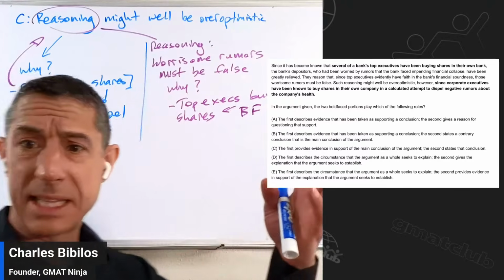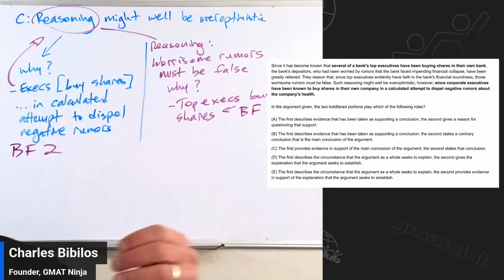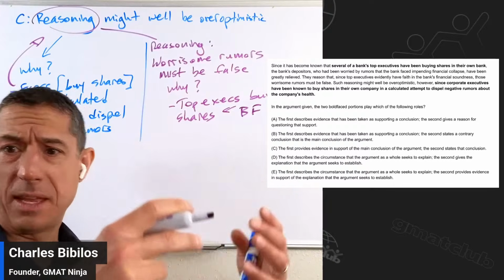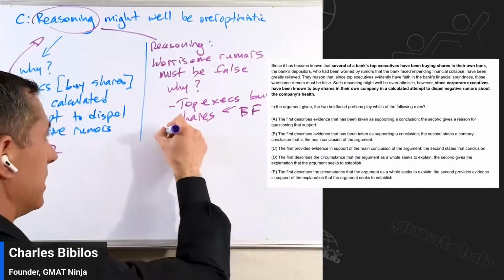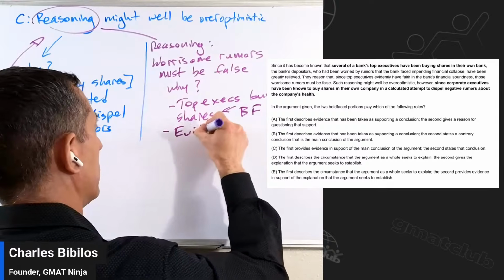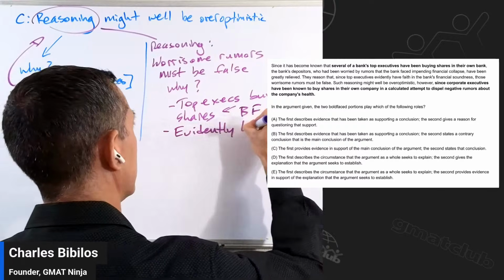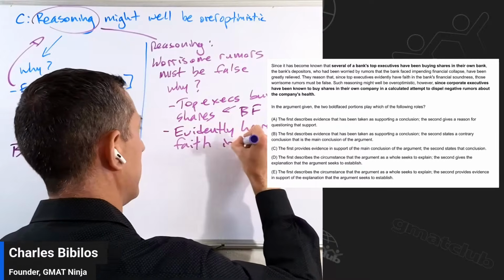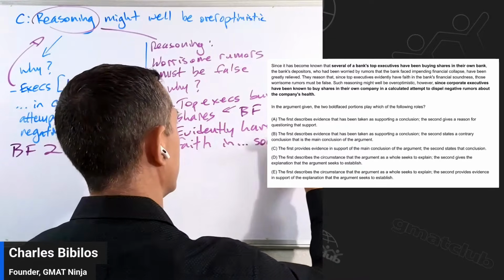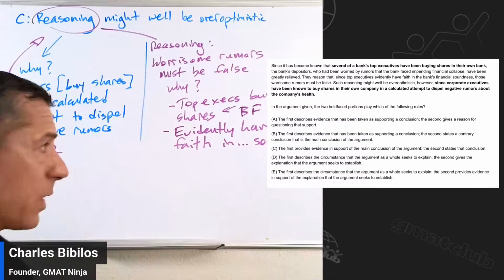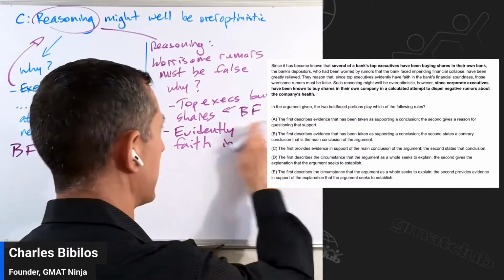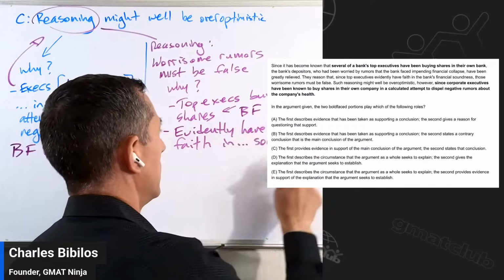And that must mean that they evidently have faith in the health of the bank's financial soundness. Evidently have faith. And I'm just going to say soundness. I think it's running off the screen there. Okay. Great. Fine. Sorry for this covering it up here.